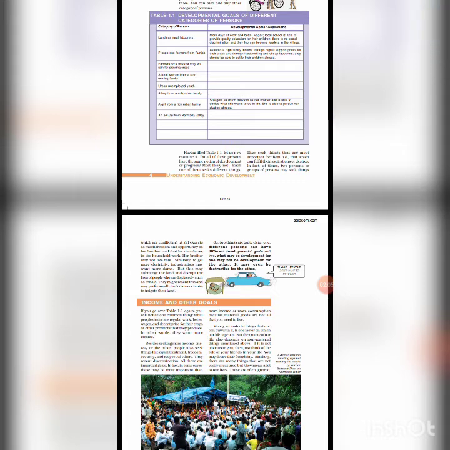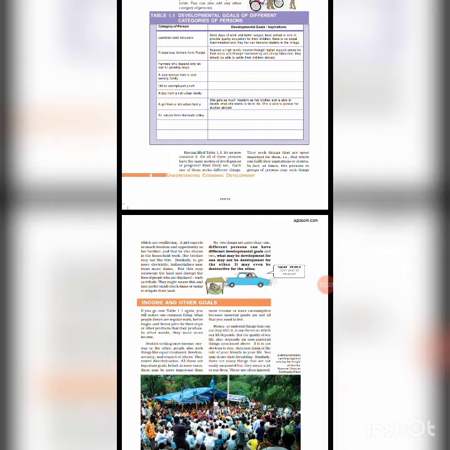The goals vary from person to person. For example, a girl from a rich urban family gets as much freedom as her brother and is able to decide what she wants to do in life. She is able to pursue her studies abroad.